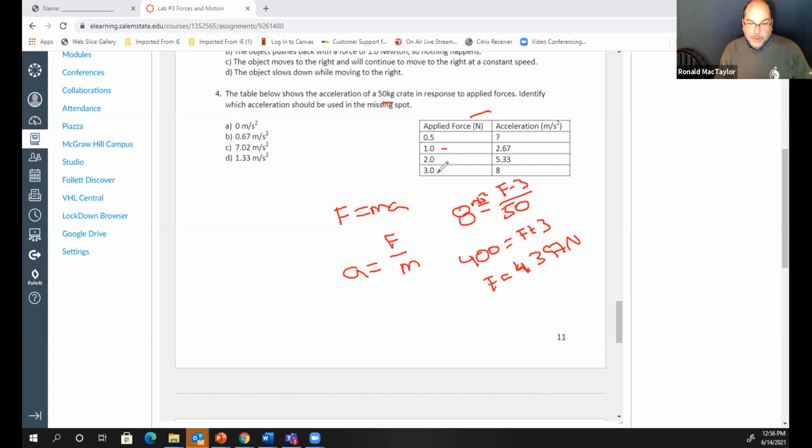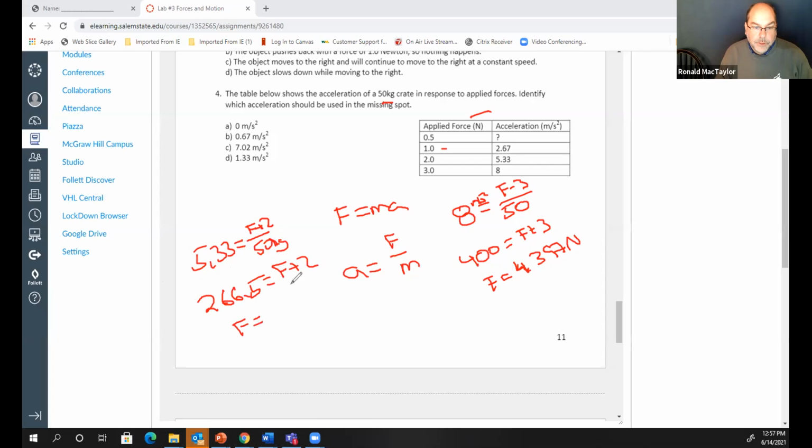Is that going to work for everything? 5.33 equals force plus 2 divided by 50 kilograms. 50 times 5.33 is 266.5, equals force plus 2.